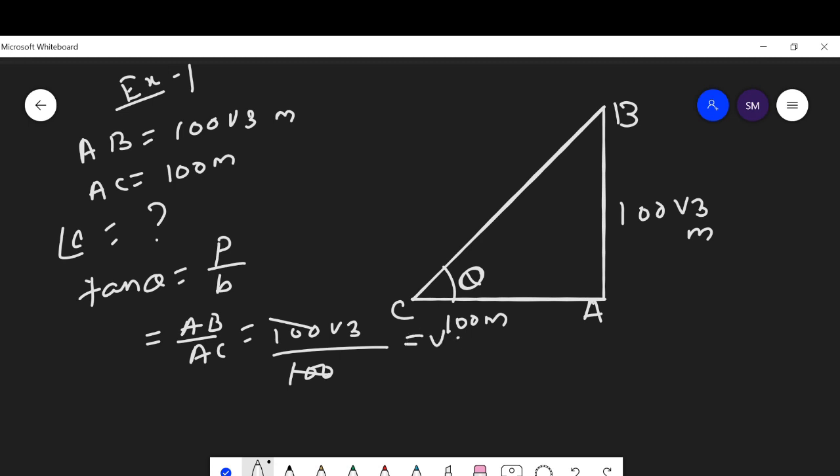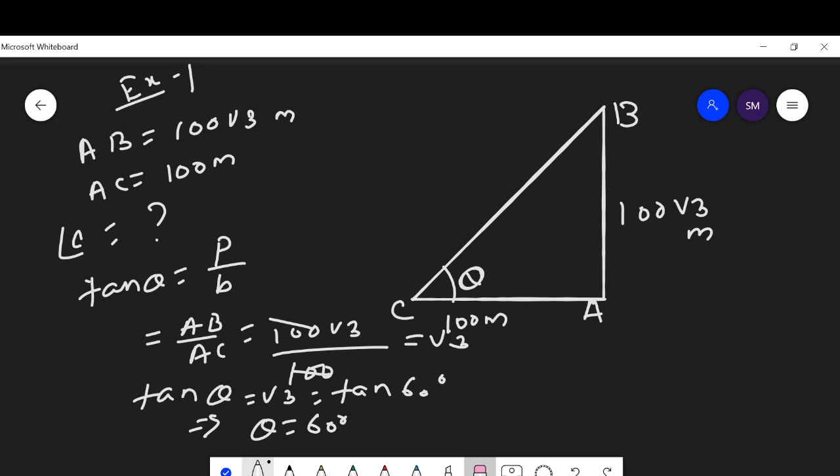You get tan theta is equal to root 3, which is tan 60 degree. Which implies that theta is equal to 60 degree. By solving this question we get the angle of elevation as 60 degree.